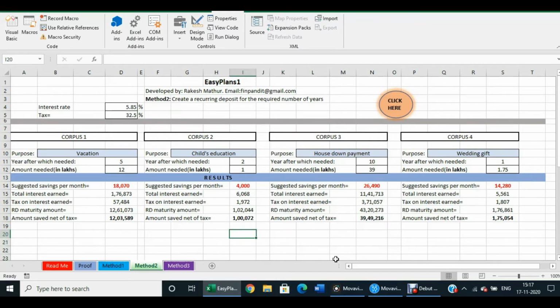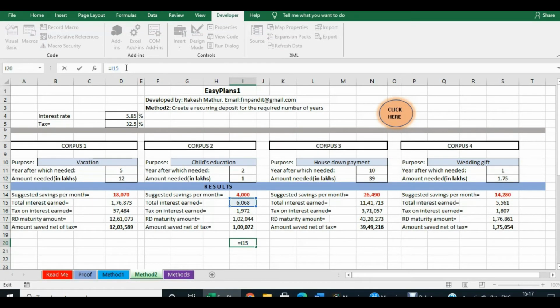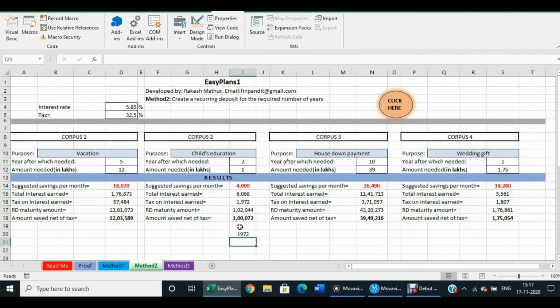We have already confirmed that the recurring deposit maturity amounts as calculated by the model are accurate. Let us check a few other calculations as well. Okay, the interest earned is 6,068, and the tax that will be paid on that will be 1,972 rupees, which is correct.